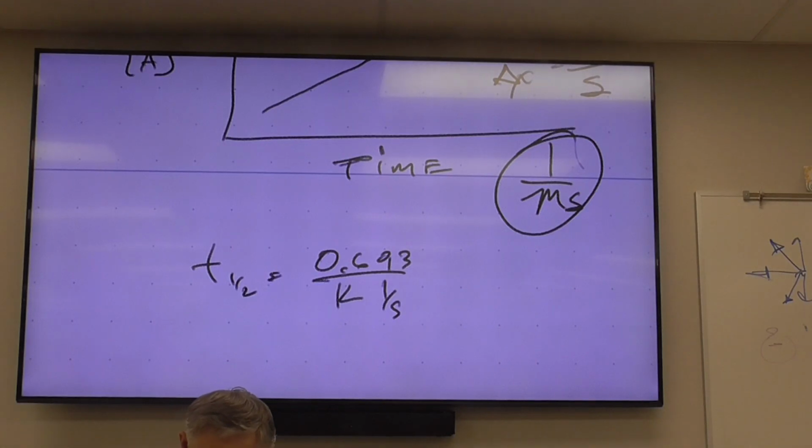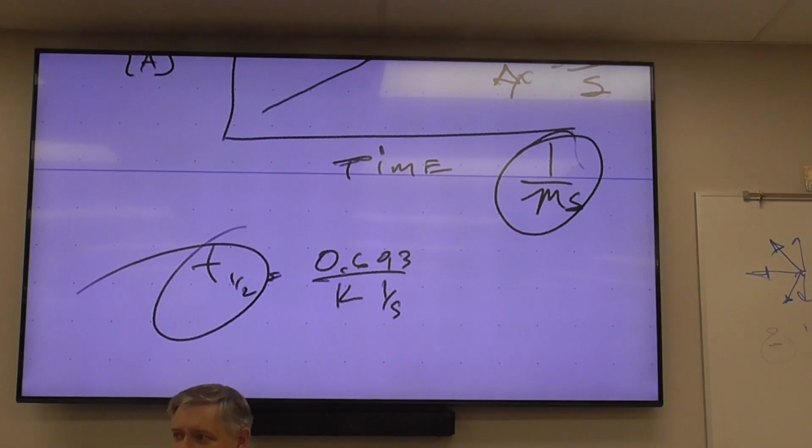Now, notice 0.693 has no units. So then when I divide that 0.693, which has no units, by 1 over seconds, the seconds flip up, I get time, that's what that's measured in. Okay? So again, it's consistent. It isn't like, oh, we're just going to randomly put numbers down and hope a miracle happens. No, it all fits together.